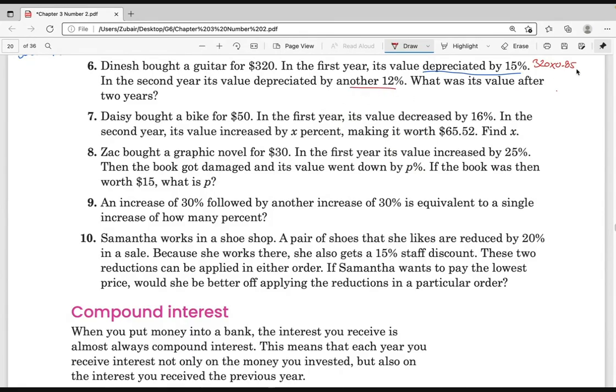Another decrease of 12% would mean remaining is 88%. So first decreased by 15%, then decreased by 12%. What was its value after 2 years? So 320 multiplied by 0.85 alone, when it decreased by 15%, it was 272. And then again decreased by 12%, it is now 239.36.